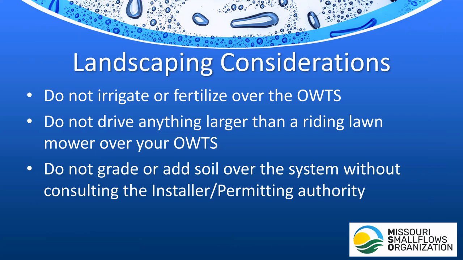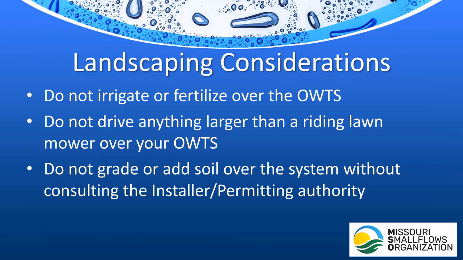Also, do not grade or add soil over the system without consulting a professional. So if you see there are some bare spots or you think it's getting a little bit of divots in different areas, you probably need to talk to the person who installed your system. If you bought the house and it's like that, we can help you find the right person to talk to. You need to talk to a professional installer because it is really important that you put the right type of soil out there.